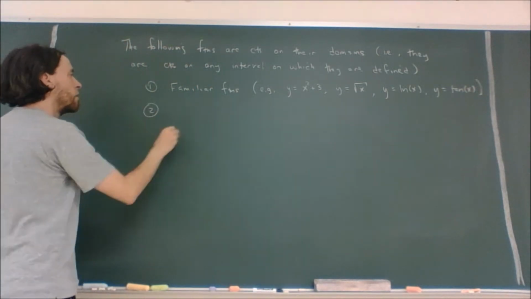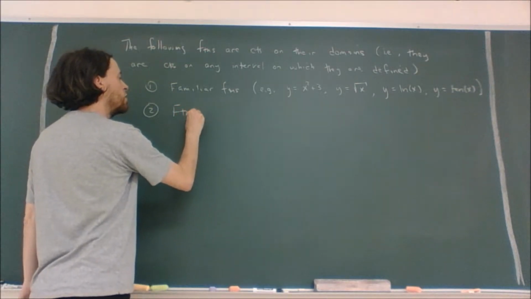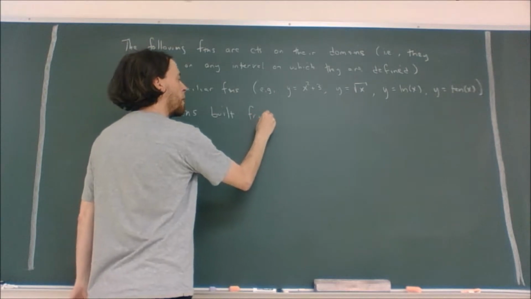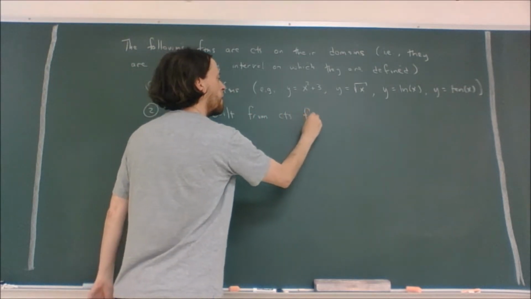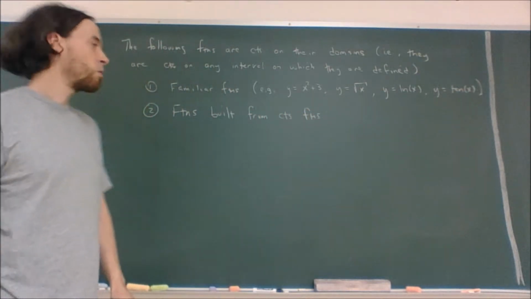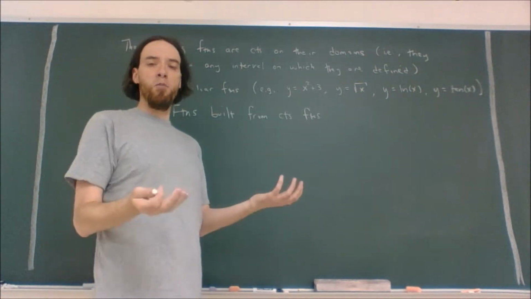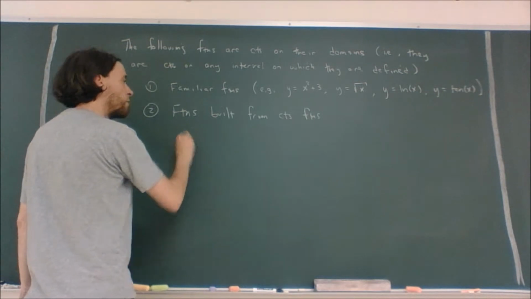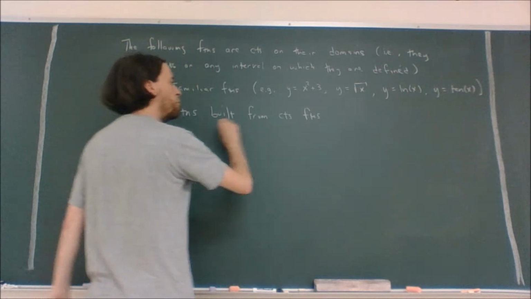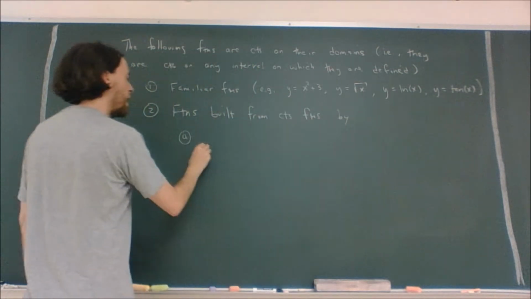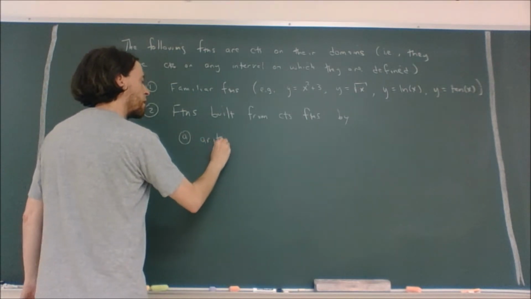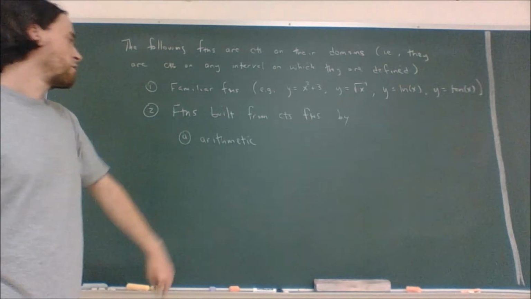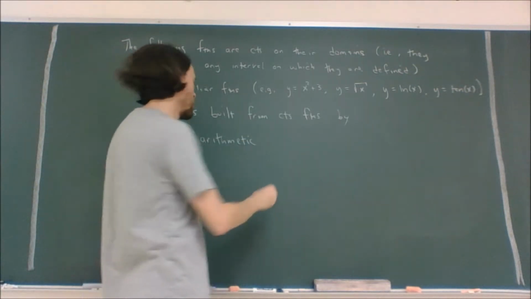And second, functions built from continuous functions. Okay? And there's a couple different ways you could build these. First of all, part A, by arithmetic, like you add two of these kinds of functions, or subtract them, or multiply them, or divide them.